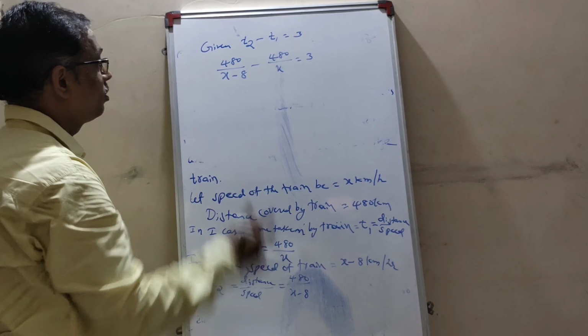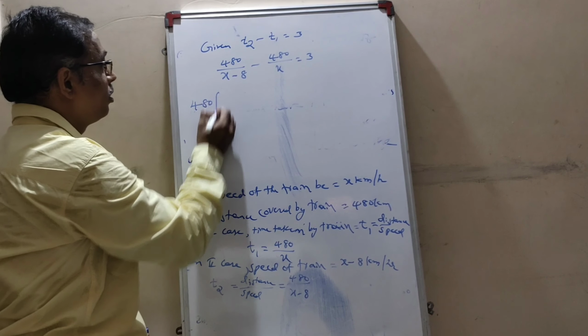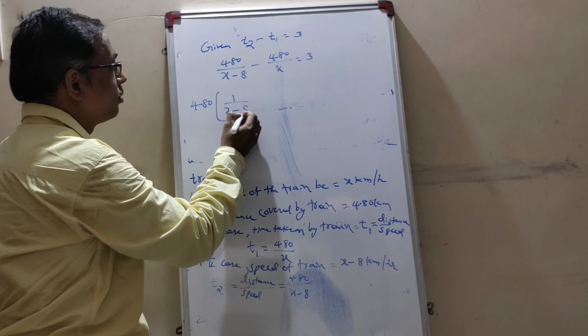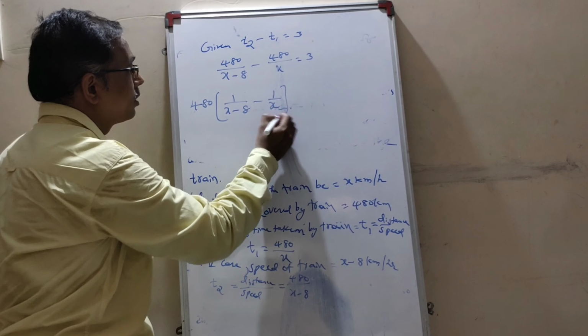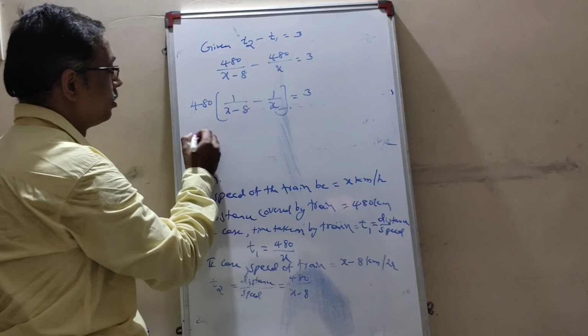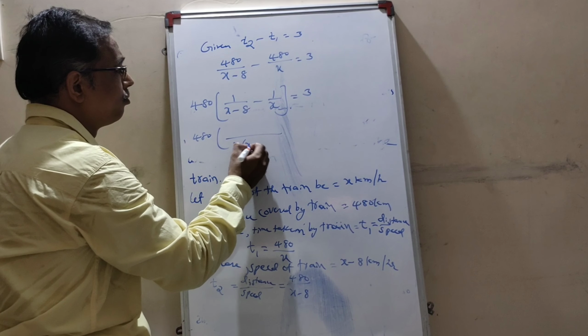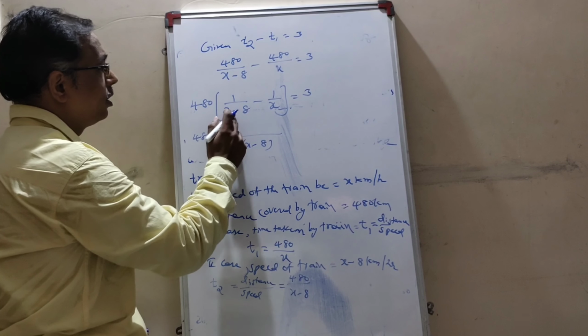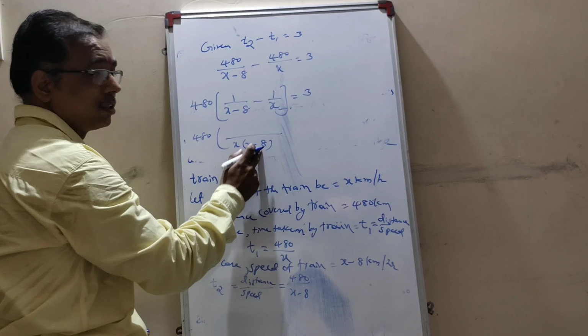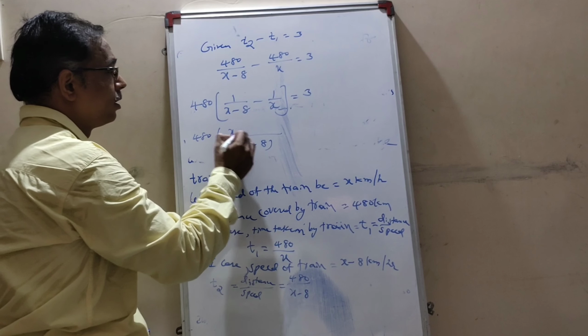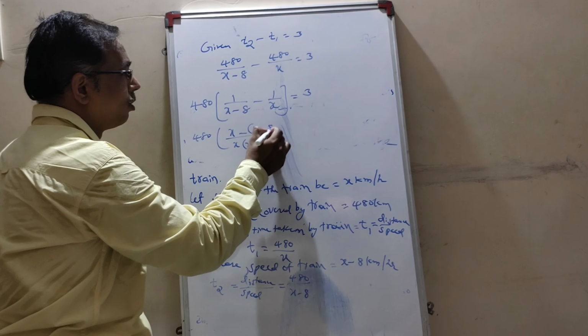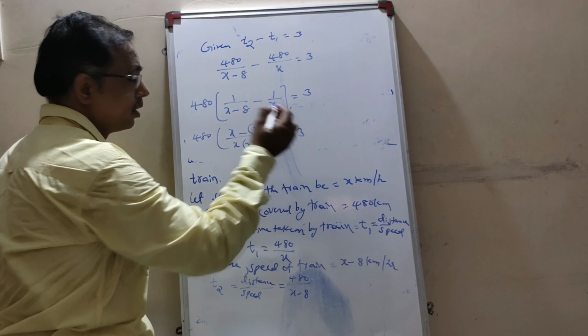Now here 480 is common. 1 by x minus 8 minus 1 by x is equal to 3. So 480 is common. Here the LCM is x into x minus 8, multiply this, x minus of x minus 8 is equal to 3.